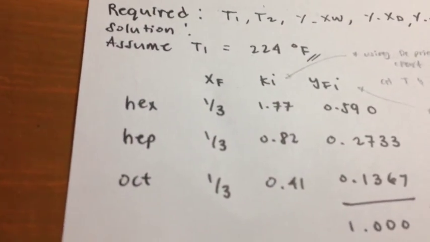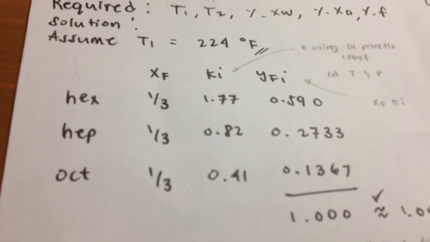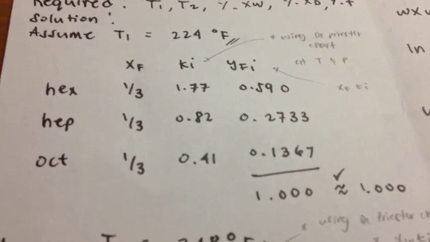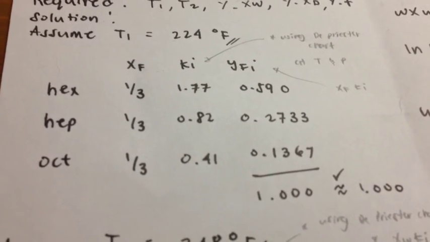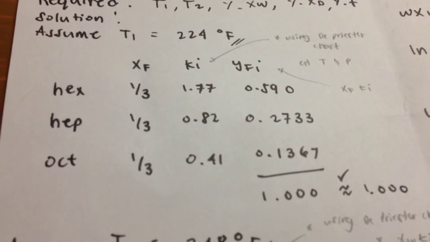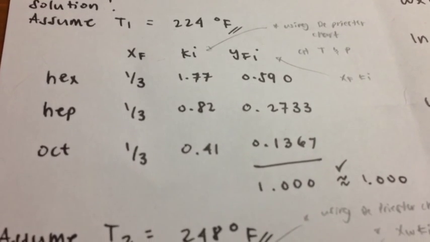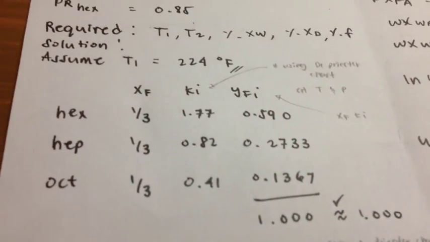We obtain Ki values of 1.77, 0.82, and 0.41. We get the YFi by multiplying XF and Ki: 0.59, 0.2733, 0.1367. If you add all those, the summation of YFi is exactly 1.000. So that will be a good assumption.